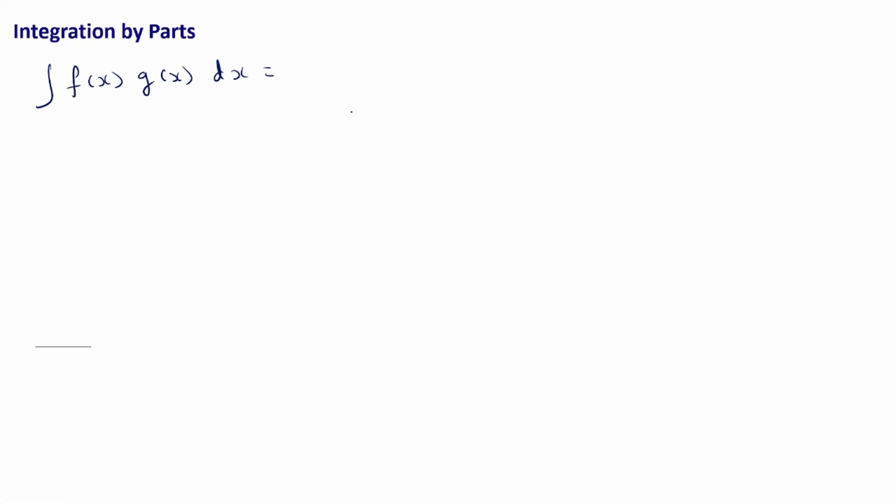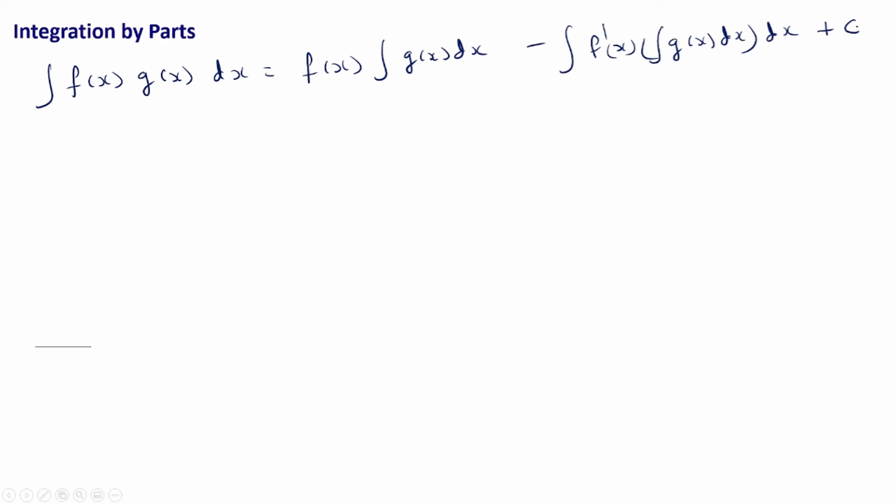We can integrate this as f of x into integral g of x dx minus integral f dash of x into integral g of x dx plus c. So this is how we can find the integral of a product of two functions. The use of this formula is called integration by parts.